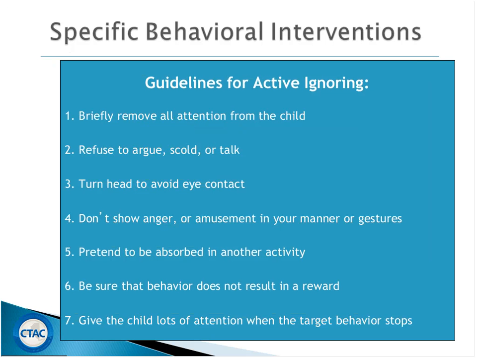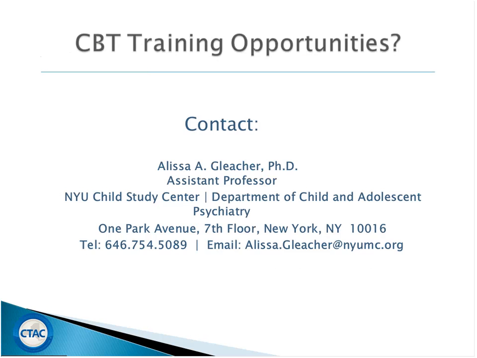Be sure that the behavior does not result in an unintentional reward by you. And give the child lots of attention, and make sure that they can get your attention when they stop doing the behavior, or when they would typically engage in the behavior and they don't do it. And that's how we're going to shape it over time.